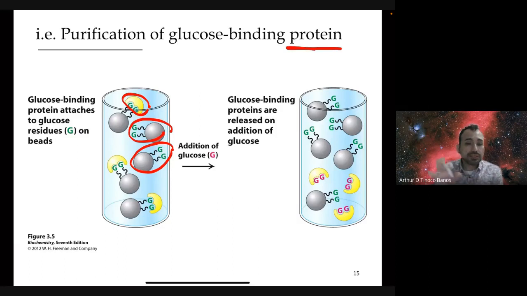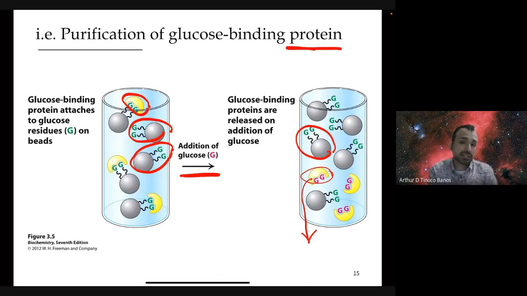In this depiction, in order to elute those proteins that have this glucose-binding capacity, what we're using is just free glucose, and that free glucose will bind to the protein. That's going to liberate the protein from the beads, and that will ultimately lead to the elution of the protein of interest. So this is taking advantage of that affinity property.